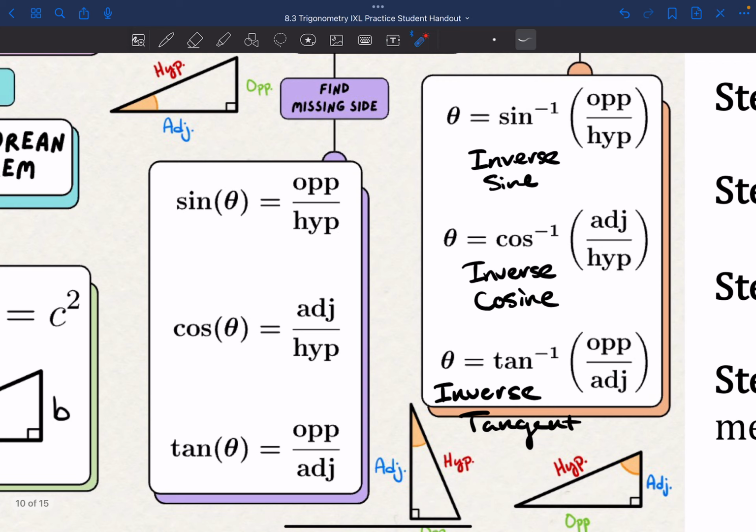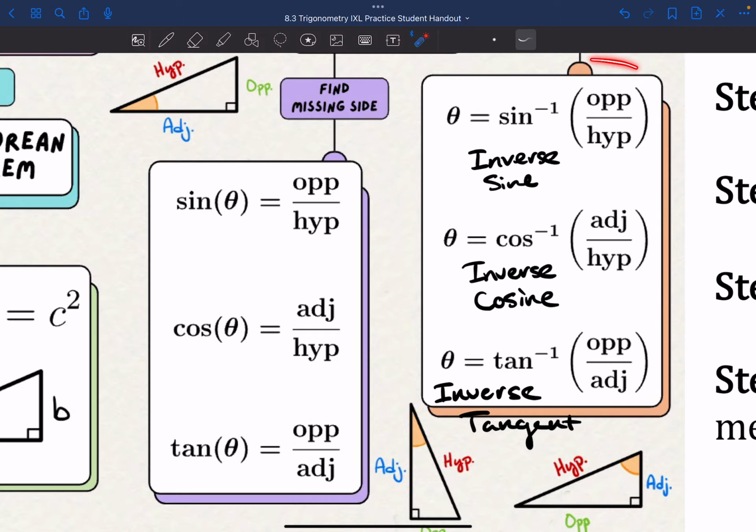So it would go theta, or angle, is equal to inverse sine of opposite over hypotenuse. Same thing, theta is equal to inverse cosine of adjacent over hypotenuse. Lastly, for tangent, theta is equal to inverse tan, or inverse tangent, of opposite over adjacent.